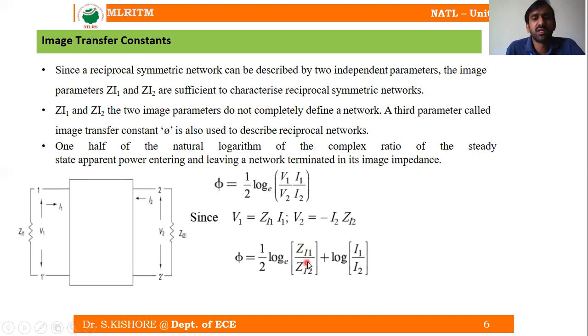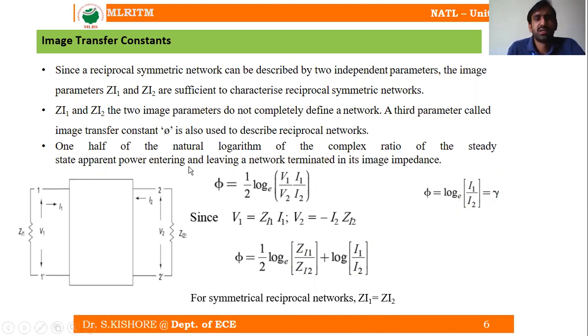If Zi1 is equal to Zi2, we can write phi is equal to log base e of I1 by I2. If the network is symmetrical, this constant can be represented using another constant, gamma, which is the propagation constant. So the definition is clear.